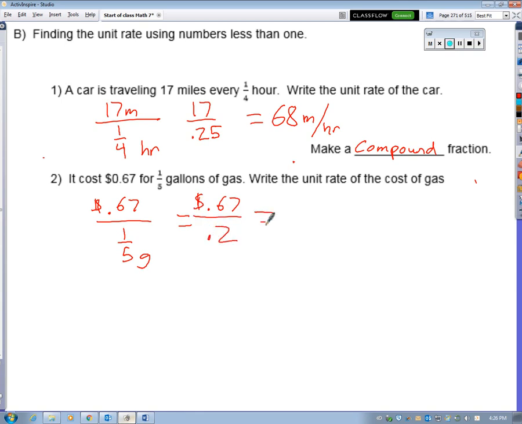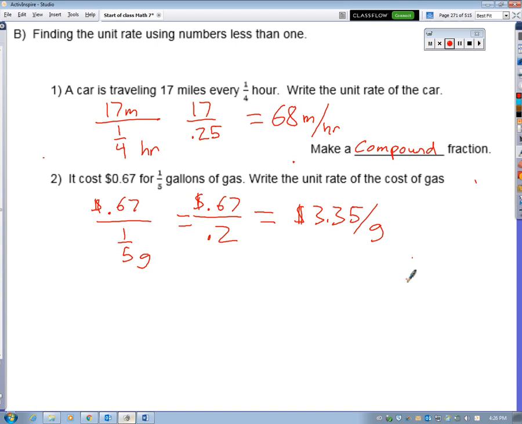All right, then that makes a lot simpler division problem. 67 cents divided by 2 is going to get me $3.35 per gallon. This is the way people would communicate when they're looking for which gas station to purchase gas from. And that would not be a very good deal, by the way. I would not want to get gas there.